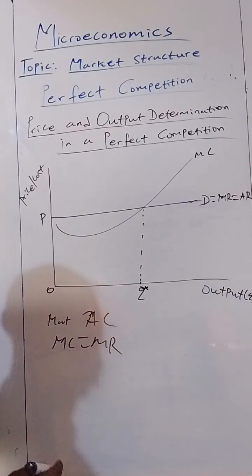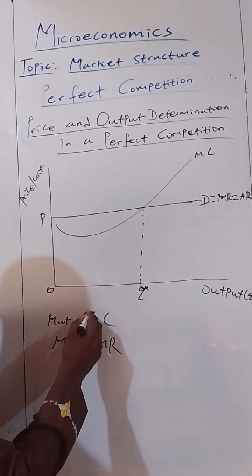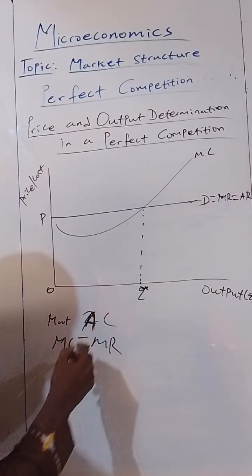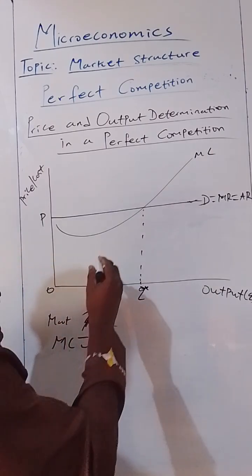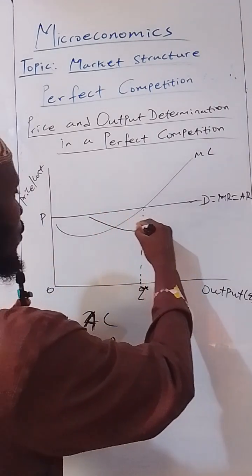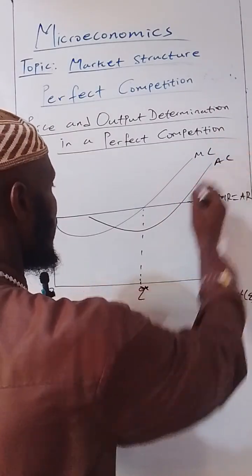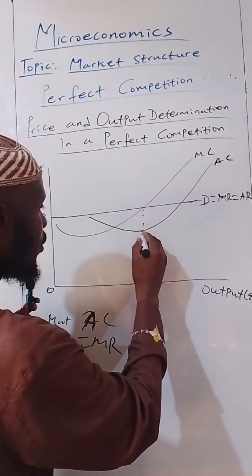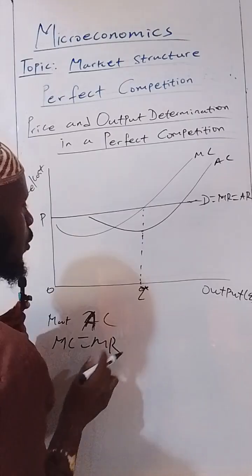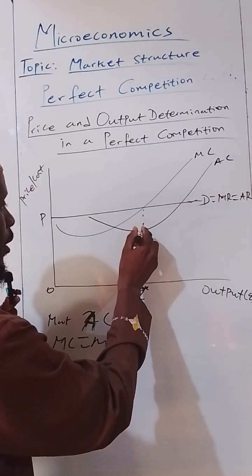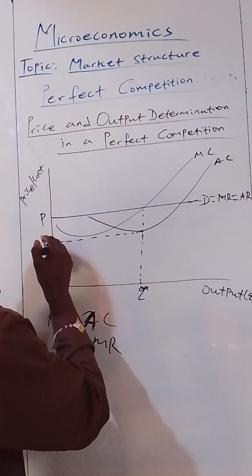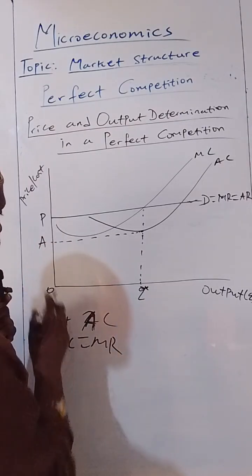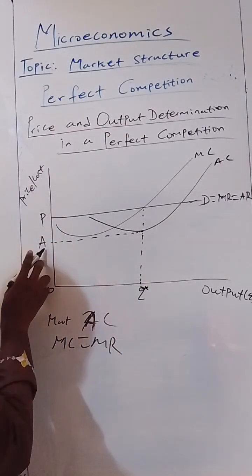So this will represent the profit maximizing output of a firm in perfect competition, and this is the equivalent price. And because the most efficient unit of output is produced where AC is at minimum, I can draw my AC curve here. This is AC. You can see this is the minimum point of AC. So the firm will like to produce at this minimum point of AC. So let me say this is A. This represents average cost of the firm.